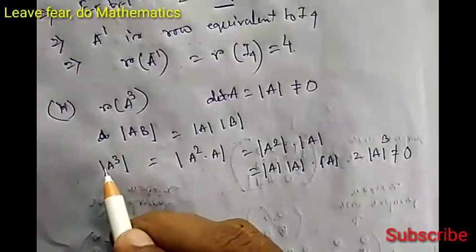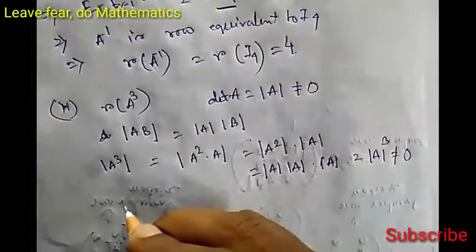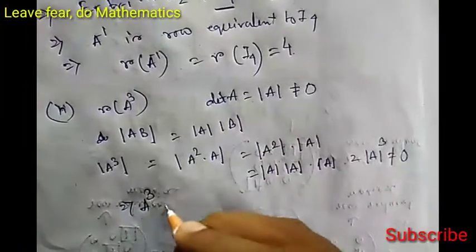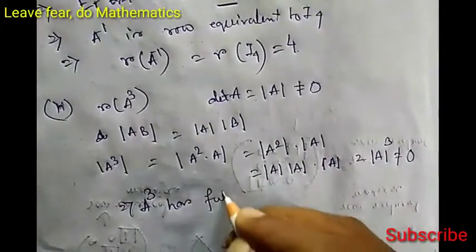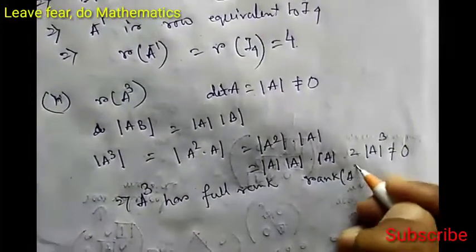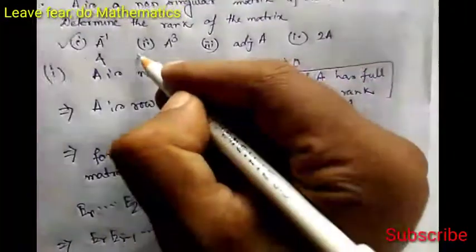So A cube has full rank, which means its rank is 4, since A cube is a 4 by 4 matrix. So option 2 is also proved.